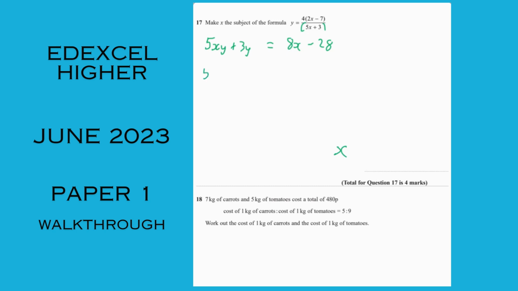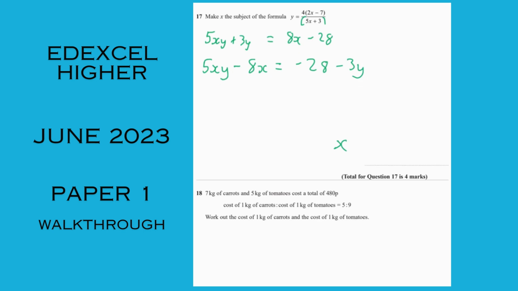So either get them on the left, which is what I'm going to go for. If you opted on the right, it just means your answer will look the same, but will have all minuses and pluses interchanged. So I will take away 8x from both sides, and I will subtract 3y from both sides.